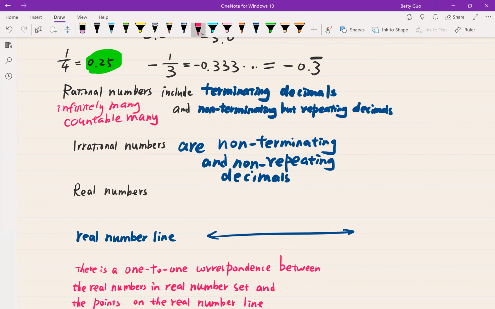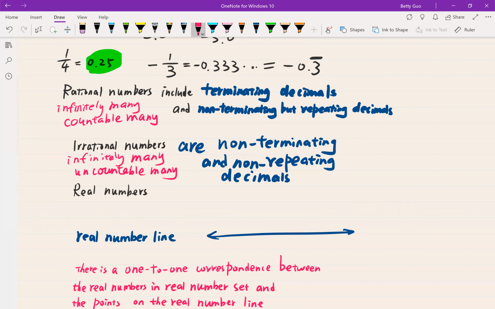However, for irrational numbers, we have infinitely many and uncountably many. So many that we are not able to list them one after another. So just to give you an idea of how many rational numbers and how many irrational numbers we have.